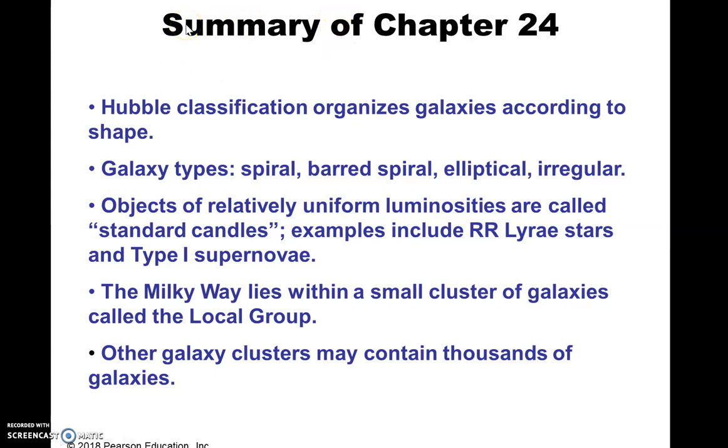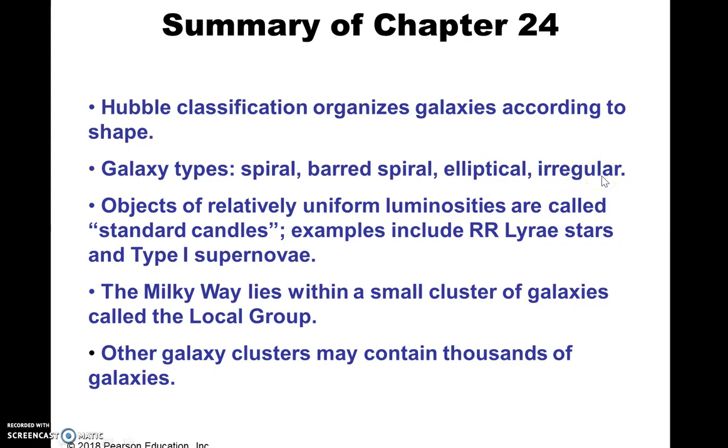Spiral galaxies still have up to maybe 20% of their mass in the form of gas and dust, so new star formation is still taking place in spirals. Irregulars don't have an overall shape, and they tend to be smaller, although ellipticals can be pretty small too. You can have dwarf ellipticals, and then you can have supergiant ellipticals.